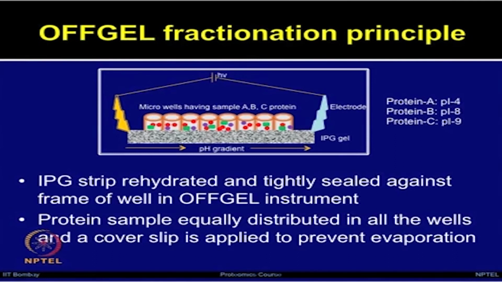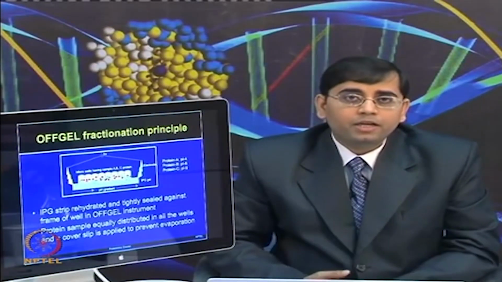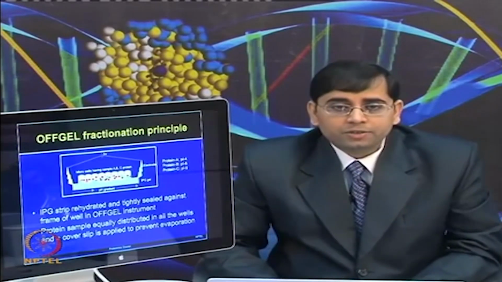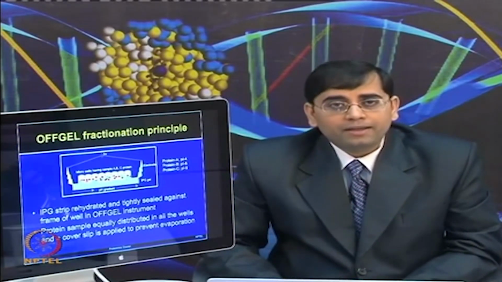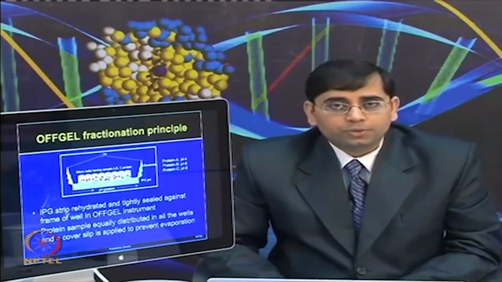Now, in the isoelectric focusing instrument, you add your IPG strip, apply your protein sample, and tighten the wells, and now the protein samples will be equally distributed in the wells throughout the IPG strip. Then you need to apply a cover slip, so that you can avoid any evaporation issues.